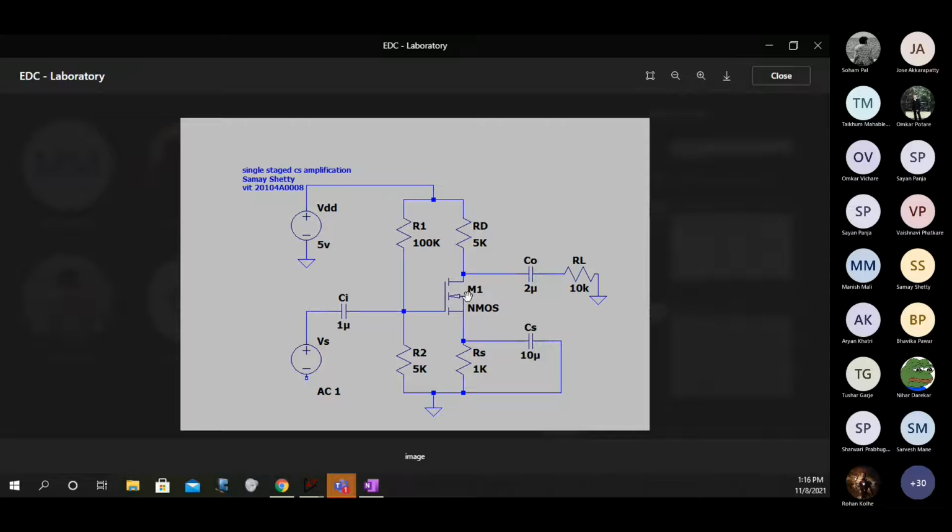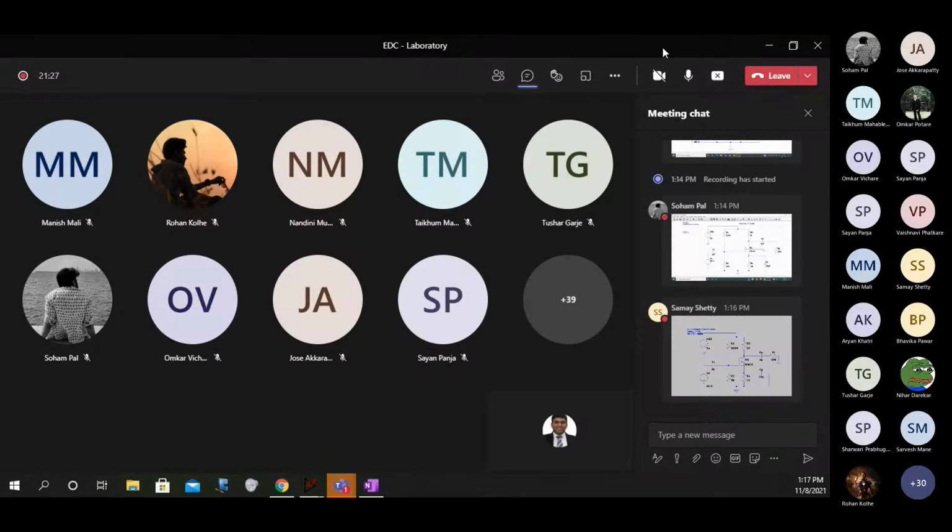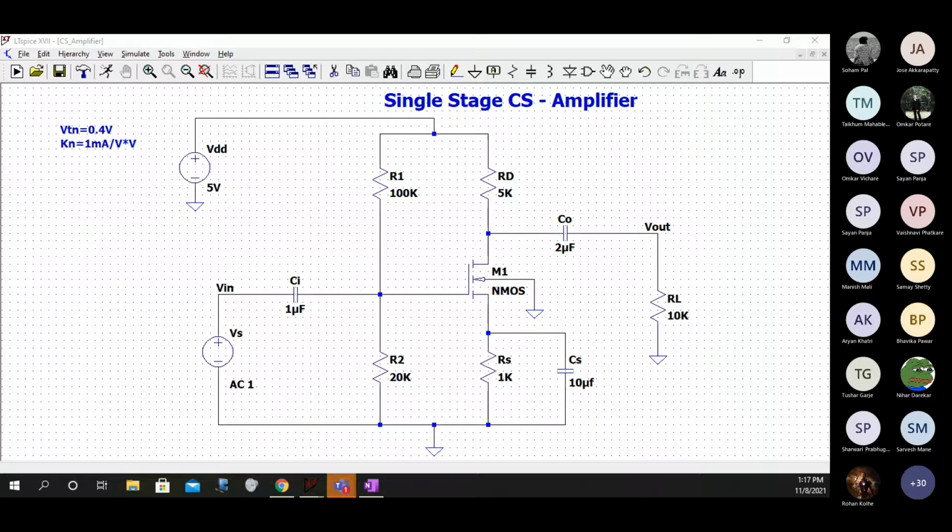The voltage that you are applying at the body is whatever is the voltage across RS. And somewhere here also the other side of the AC signal is floating. Did you get it? Samay, did you get it? Okay.